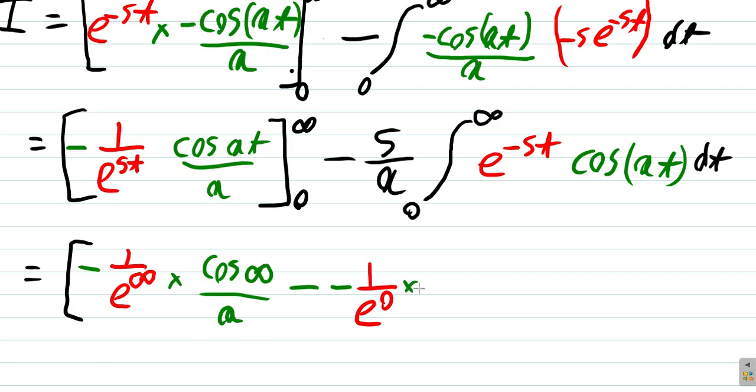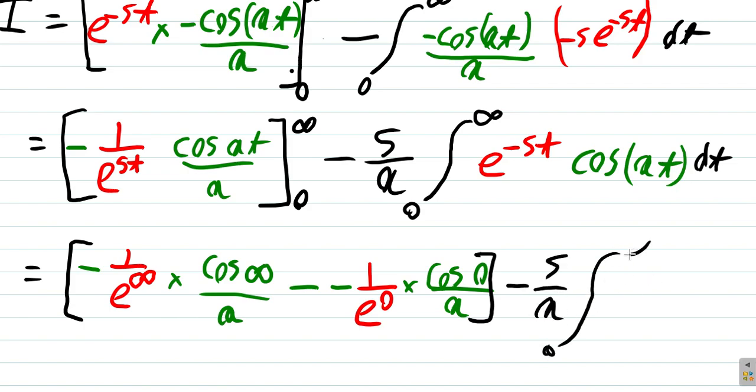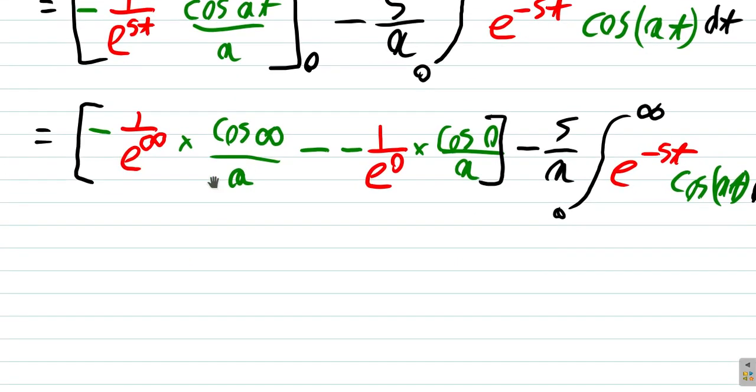That multiplies cos a times 0, which is 0 over a. Then we say minus s over a integral from 0 to infinity of e to the negative st cos at dt. Okay, so what happened on the left here?